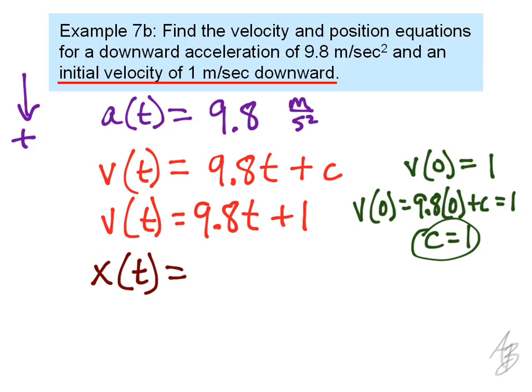When I take the derivative, the exponent decreases by 1. So when I take the antiderivative, the exponent is going to increase by 1. So I'm going to have something times t squared. Now, when I take the derivative of this function, I'm going to take 2 times whatever's out front to get 9.8. So instead of multiplying by 2, I'm going to take the 9.8 and divide by 2. So we get 4.9. You guys agree with that?